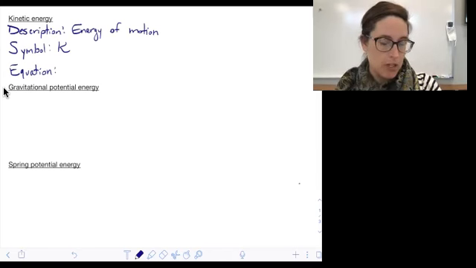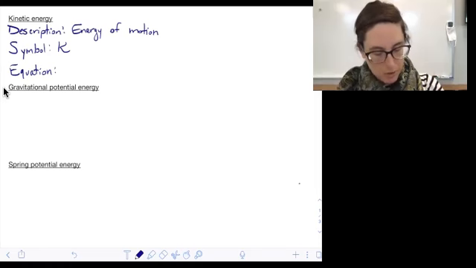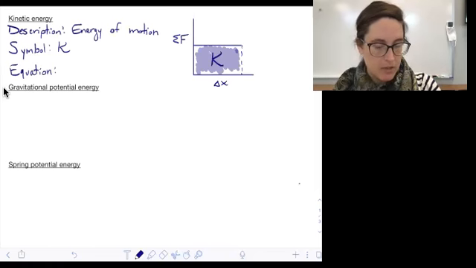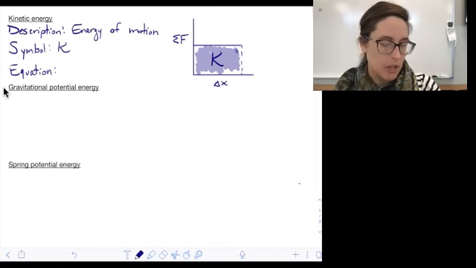So this particular graph is going to be a net force versus displacement graph in order to achieve that motion. And if we find the area of this graph, we will find the kinetic energy. This area is just a box, so we can just do base times height. So we would do net force times delta x.